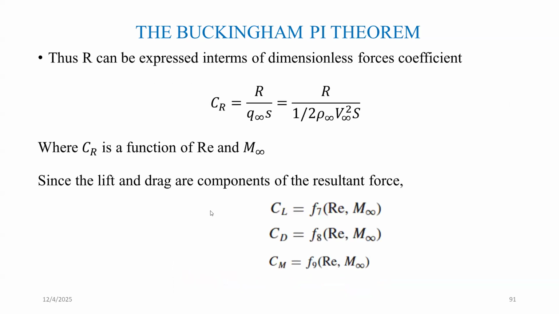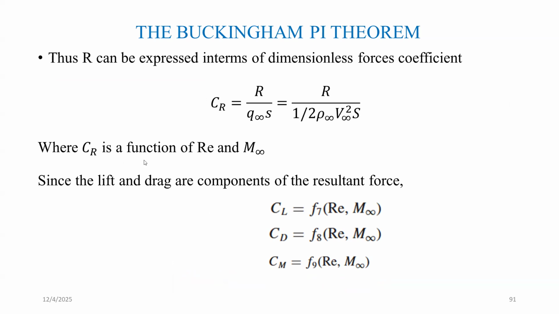Then the dimensionless force resultant coefficient is given by CR equals R, the resultant force, over Q times S, and Q is half rho V squared, as you know.